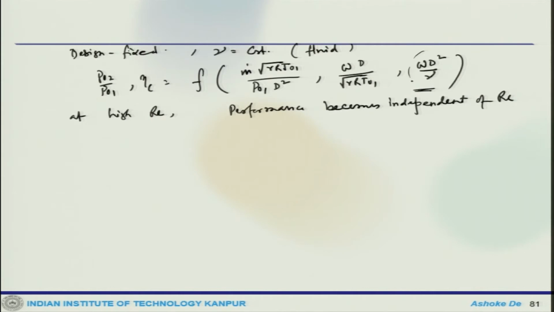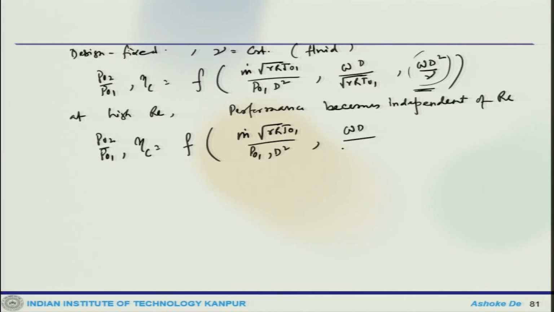This group drops out and we end up with functions of m dot root of gamma R T naught 1 by P naught 1 d square and omega d by root of gamma R T naught 1.